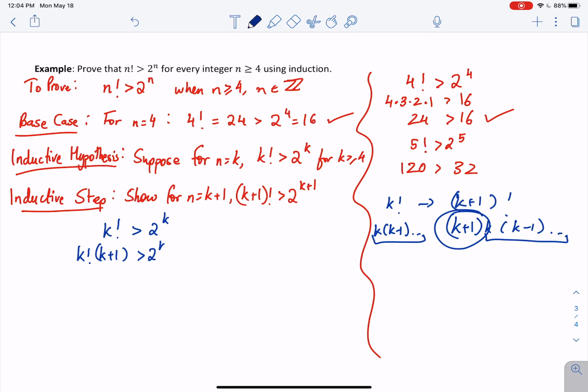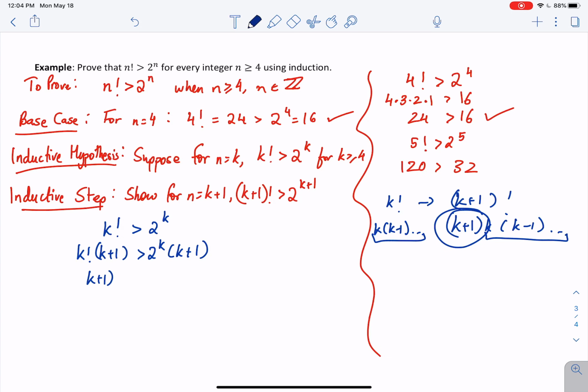If I do that, now on the left side, I get k plus 1 factorial. And on the right side, I have 2 to the k times k plus 1. Now I need to get it to be 2 to the k plus 1. So we're going to do the same trick as we did last time, where we know that 2 to the k plus 1 is the same as 2 to the k times 2.